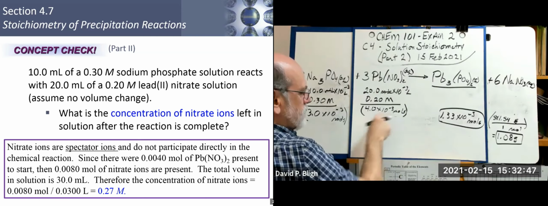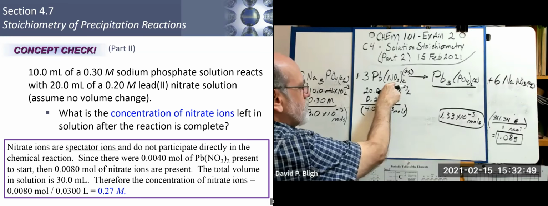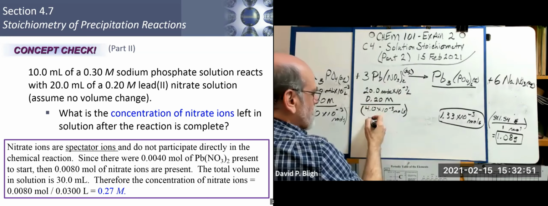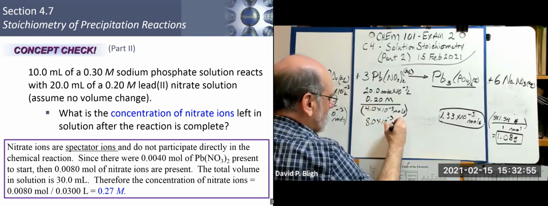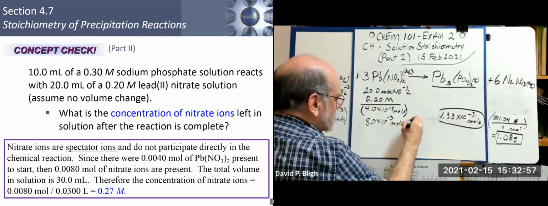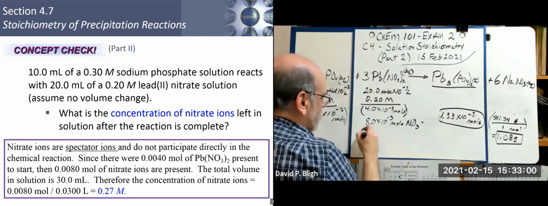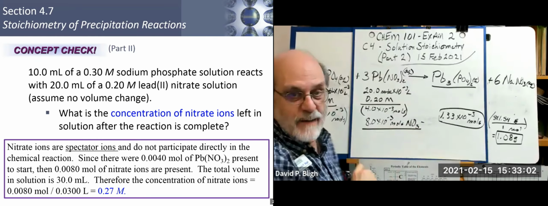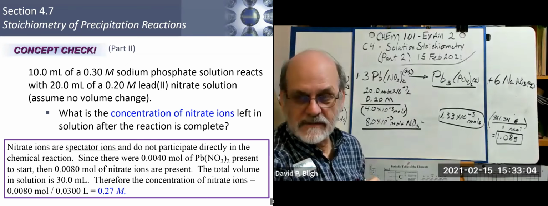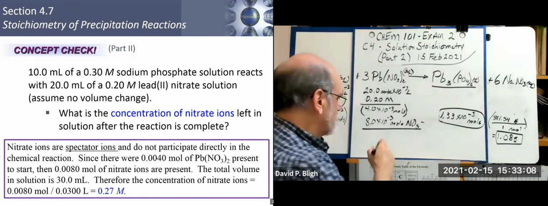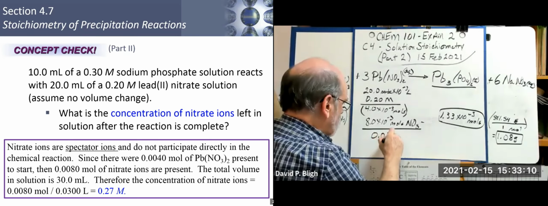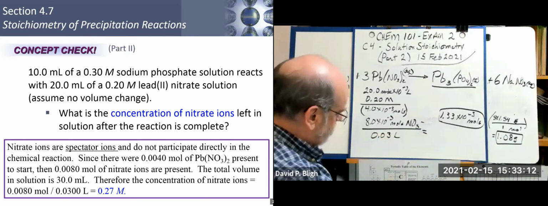All right? So how many moles of nitrate do you have here? Well, there's the moles, but it's 2 for every 1. So you actually have 8.0 times 10 to the minus third moles of nitrate. How many liters do you have? Well, 30 milliliters is 0.03 liters. Right?